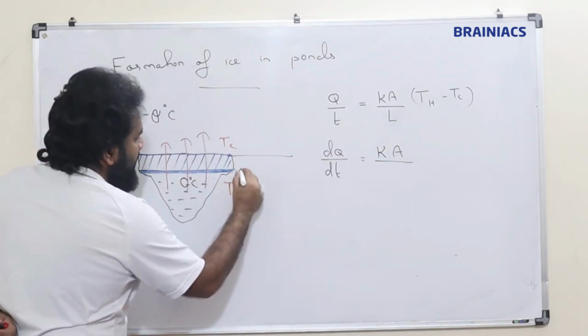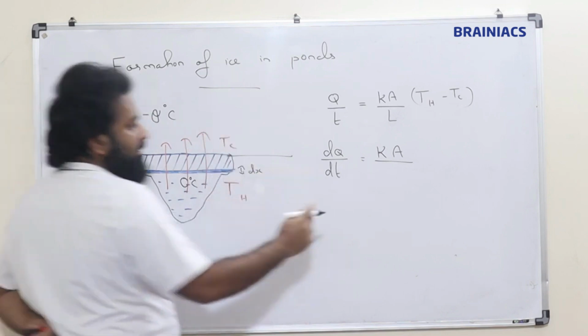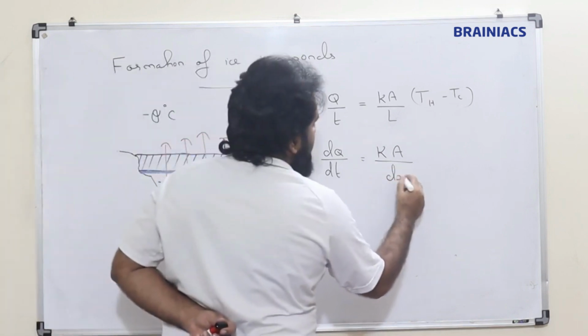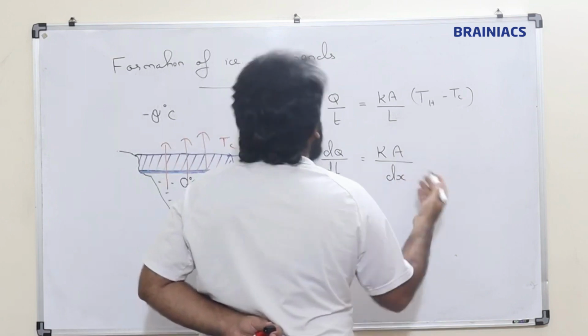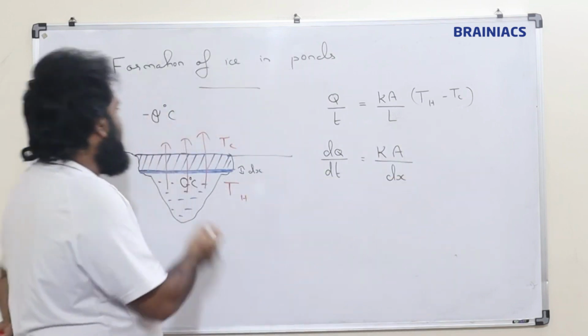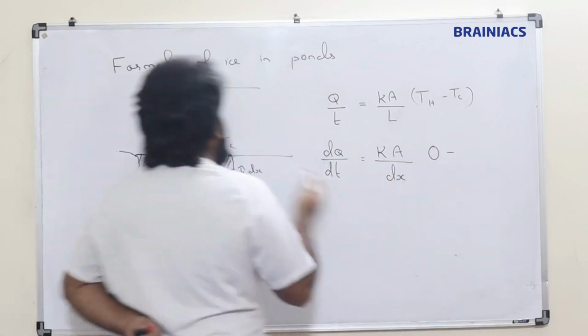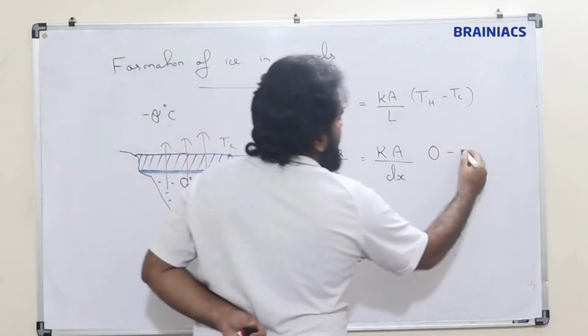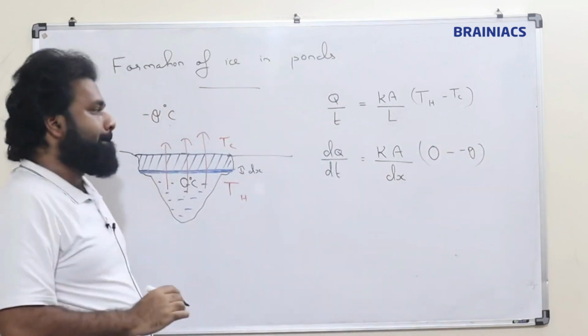So suppose the formation of ice is for dx length, let us consider this as dx, and this is TH minus TC. So higher temperature is 0 minus lower temperature is minus theta degrees Celsius. So minus theta. Is it clear?